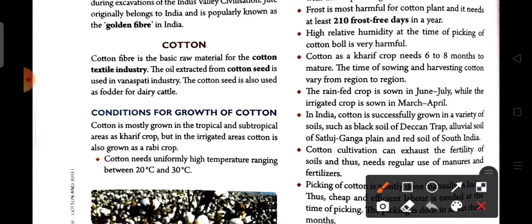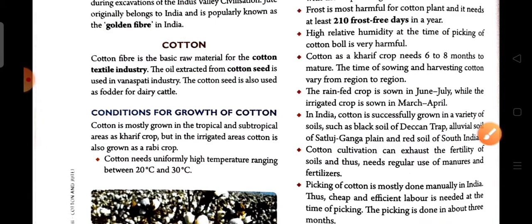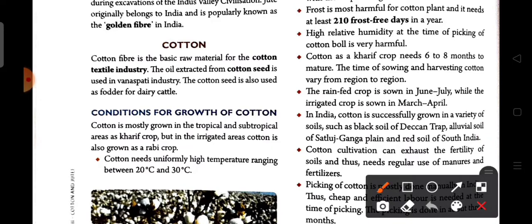The first crop that we are going to learn is cotton. Cotton fiber is the basic raw material for the cotton textile industries. The cotton seeds are also extracted for oil that is used in the Banaspati industry.